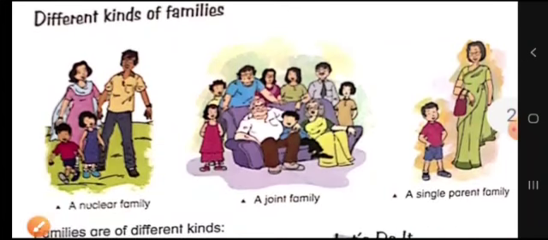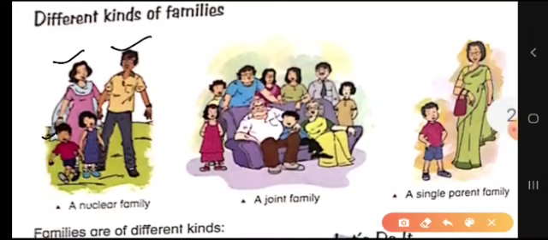Now you can see here three pictures. In the first picture, you have a mother, a father, the son and daughter. So the family of these four is termed as a nuclear family. In the next picture, you have a grandfather, a grandmother, your father, your mother, your father's brother, your uncle and his wife, aunt and their children, your cousins, and you and your sister.